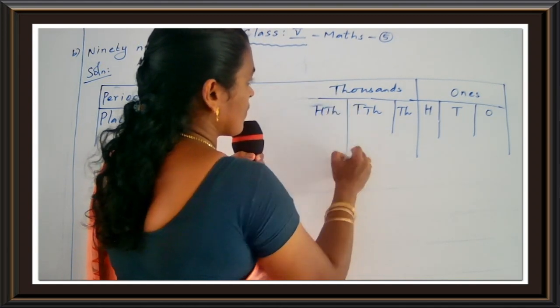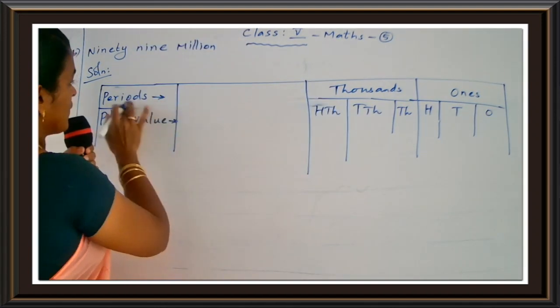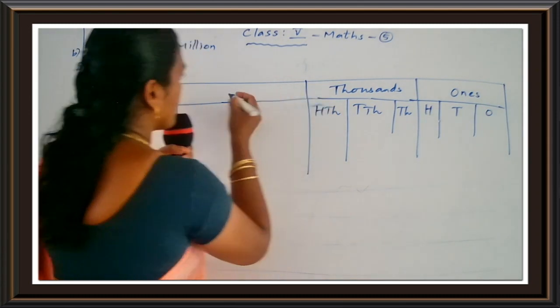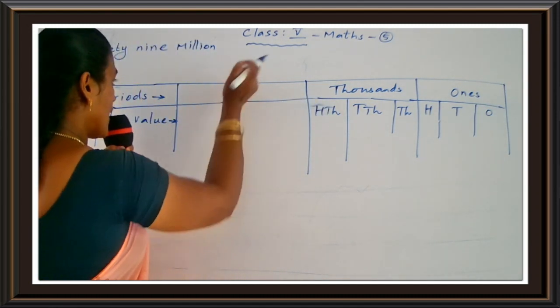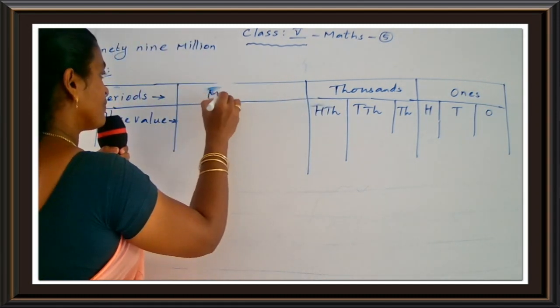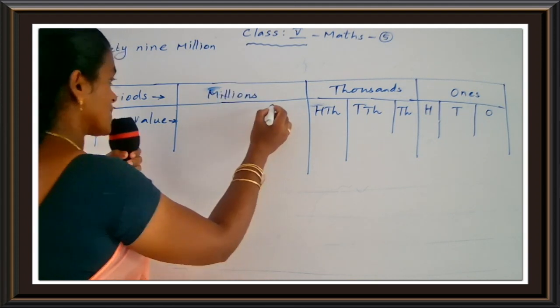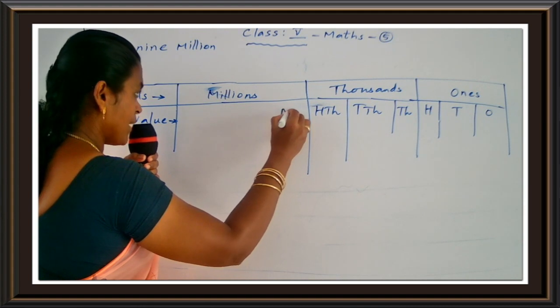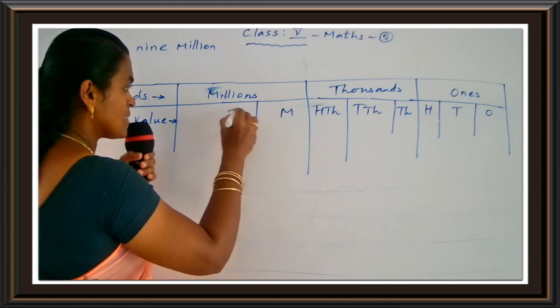So next is which period? Million period. Million period consists of 3 places, that is million, 10 million, 100 million.